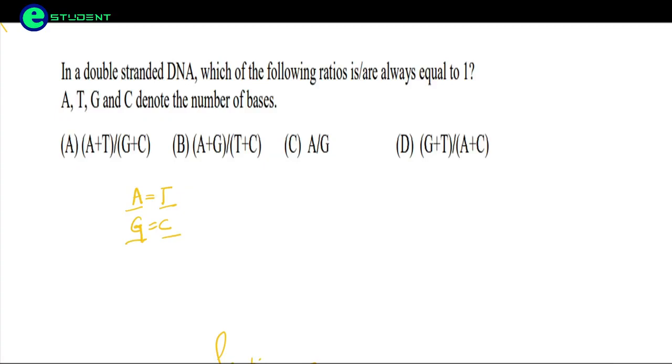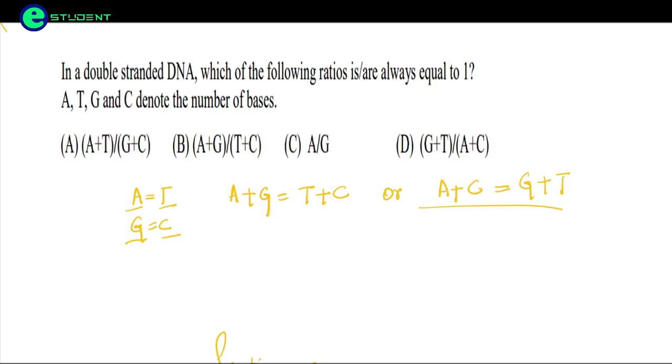Okay, so by this we can also say that A plus G is equal to T plus C, or we can also say that A plus C is equal to G plus T. Right, we can say this.